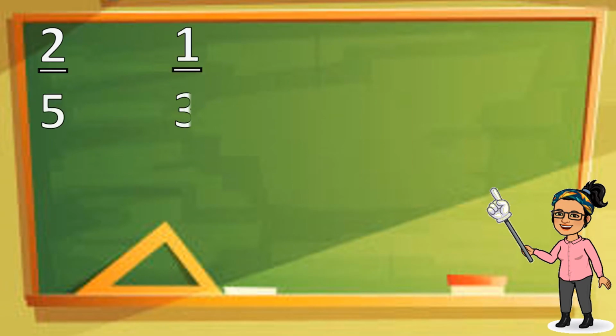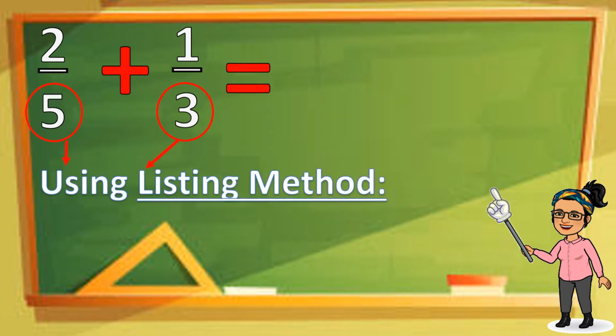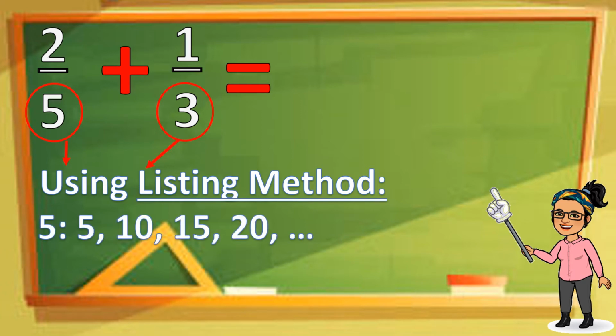So again, let's do 2/5 plus 1/3. So we look at the denominators 5 and 3. And we have to find the LCD using the listing method. Okay? So list the multiples of 5. So we have 5, 10, 15, 20, and so on.